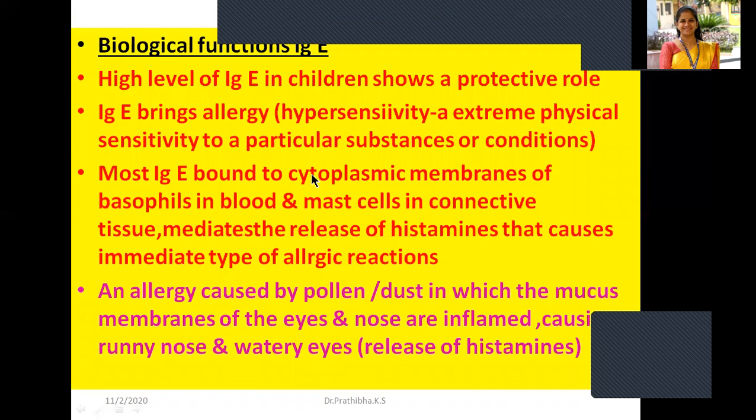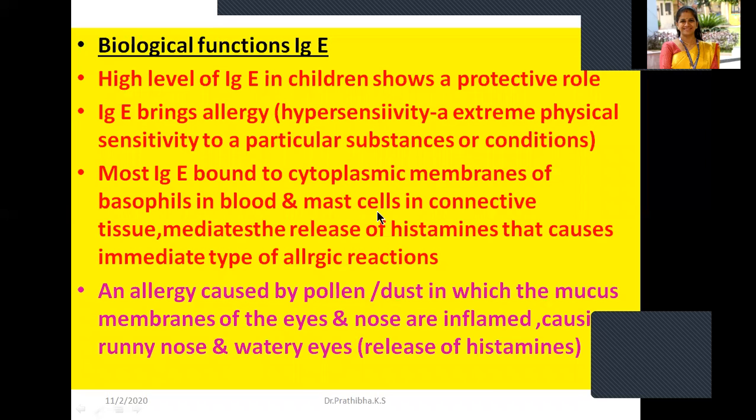Most IgE is bound to cytoplasmic membranes of basophils in blood and mast cells in connective tissue, and mediates the release of histamines that causes the immediate type of allergic reactions. An allergy caused by pollen or dust in which the mucous membranes of the eyes and nose are inflamed.